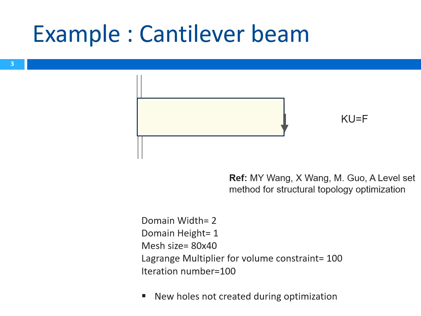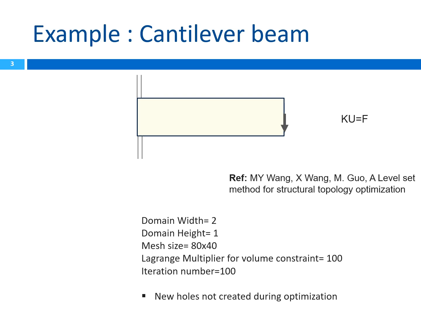For this cantilever, we have considered a domain width of 2 and height of 1, and the domain is discretized by 80 by 40 cells. For the volume constraint, we assumed 50% of the material, and the Lagrangian multiplier for that is 100, and 100 iterations are carried out initially.